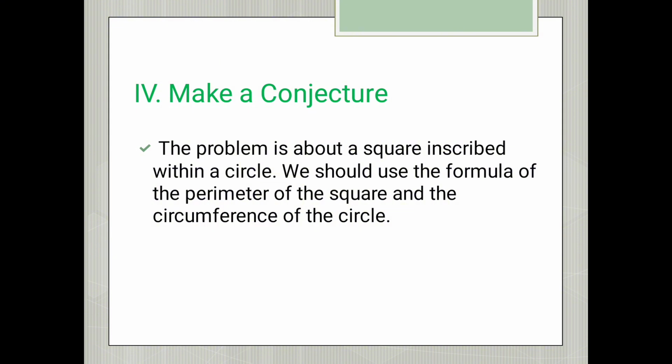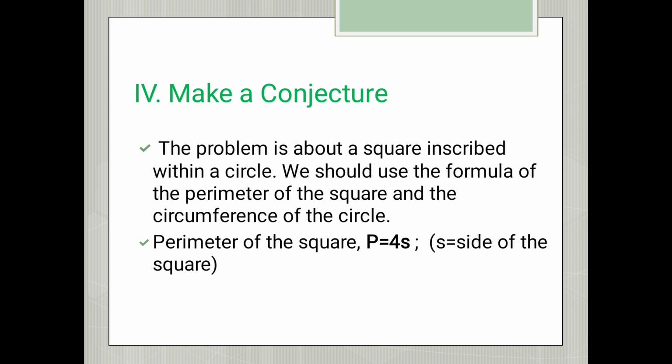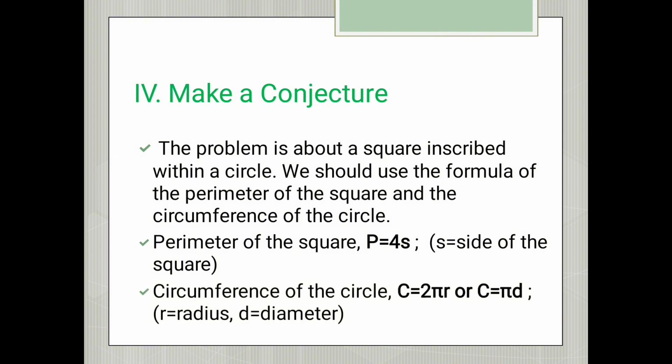We should use the formula of the perimeter of the square and the circumference of the circle. Perimeter of the square: P equals 4s, or P equals 4 times side. Circumference of the circle: C equals 2 pi r, or C equals pi times diameter.